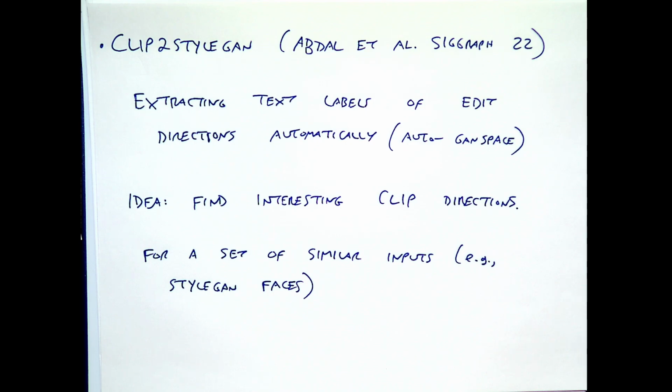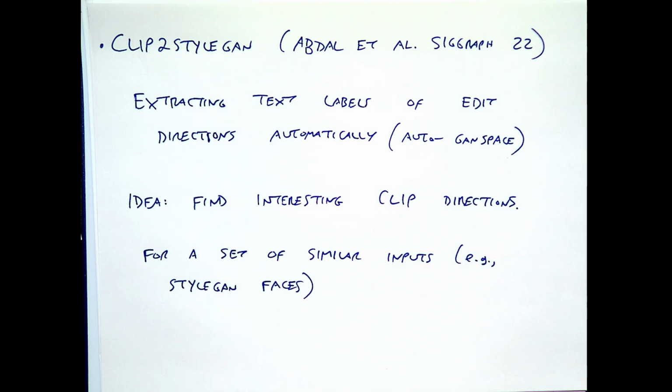If I average all these embeddings, it should come close to the most neutral description of the class, or the most general description of the class. So if I took a bunch of StyleGAN-generated pictures of men, then the average of that should have high similarity with the CLIP embedding of the text phrase "a man," right?